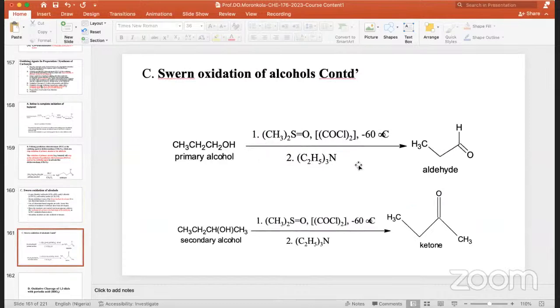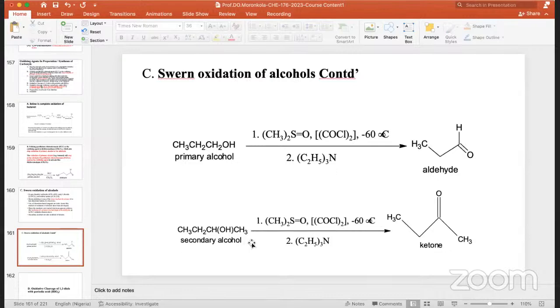Let's look at some equations that support this. So these are the three reagents utilized in Swern oxidation of alcohols. This is a primary alcohol here, propanol, and you are ending with propanal. That's the aldehyde. So it's capable of obtaining your aldehyde when you make use of the Swern reagent, the three of them.